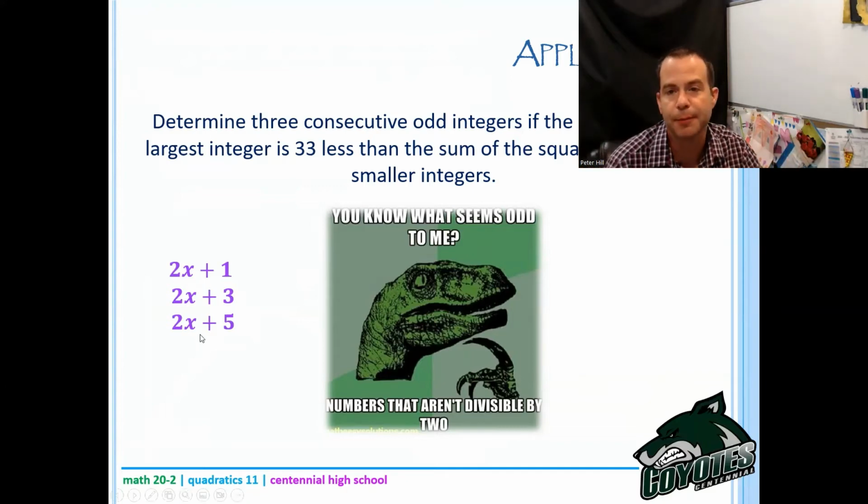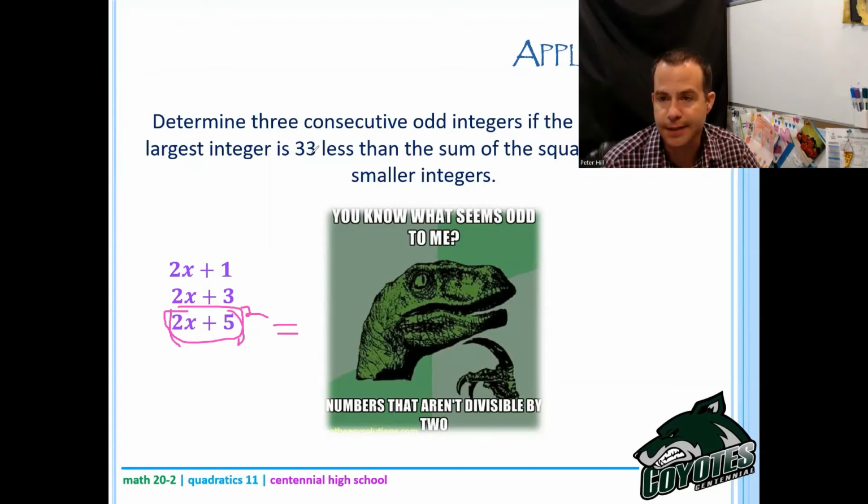Okay, now I have to come up with the equation. The larger integer would be this guy here, 2x plus 5, right? So it says the square of the largest integer, so I'm going to have to square that, is, well, usually with is, I'm going to have an equal sign. Then it's 33 less than the sum of the squares of the other 2.